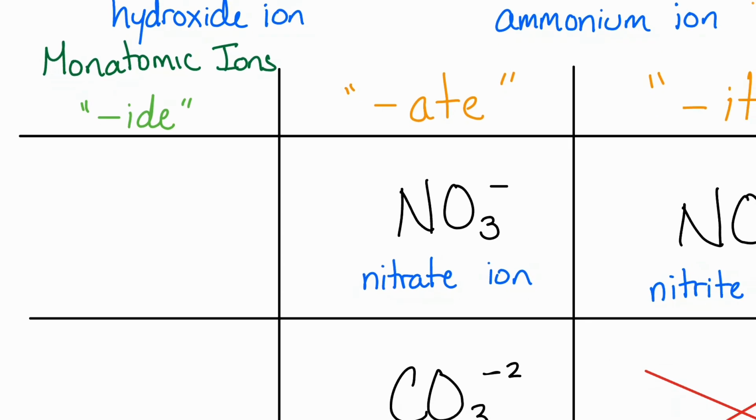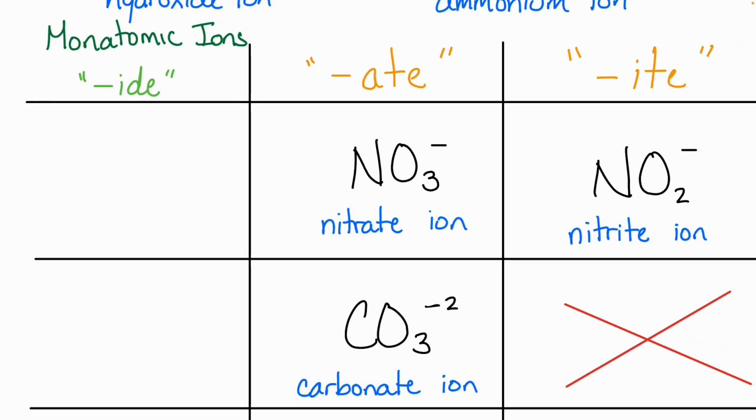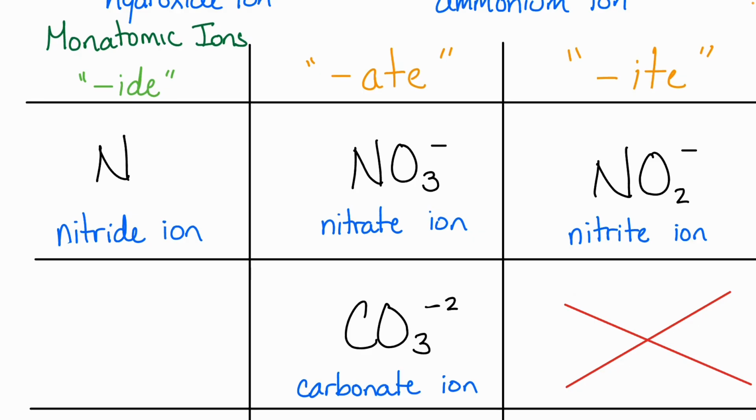So we have a nitrate, a nitrite, but last class we also learned about a nitride ion. According to our periodic table, a nitride ion would have a charge of, who's got a periodic table in front of them? -3.